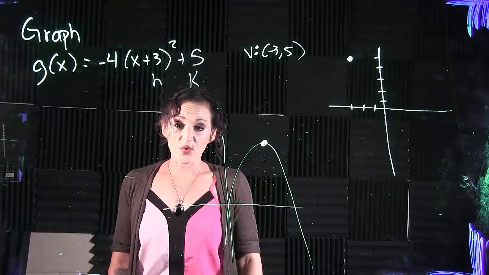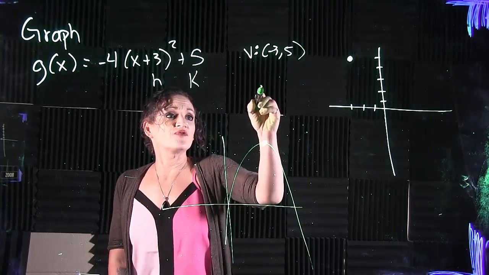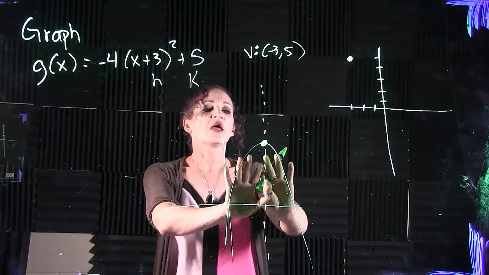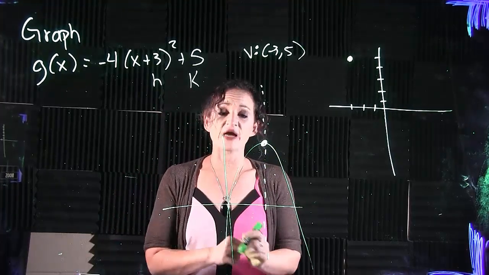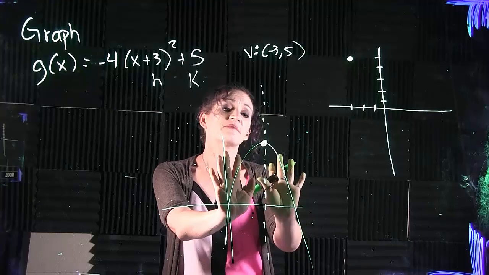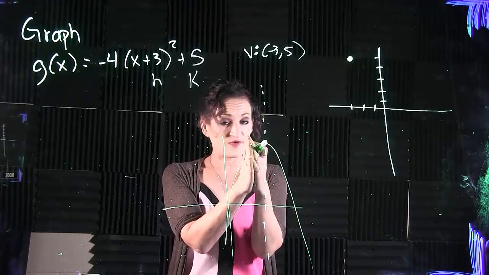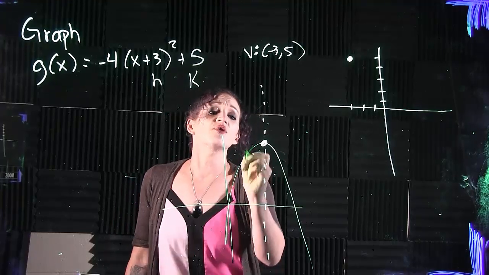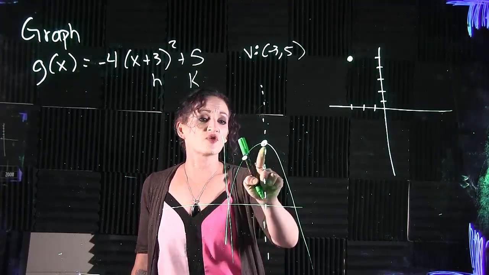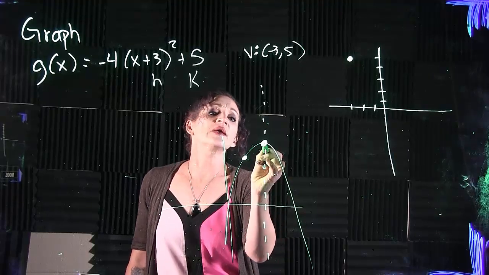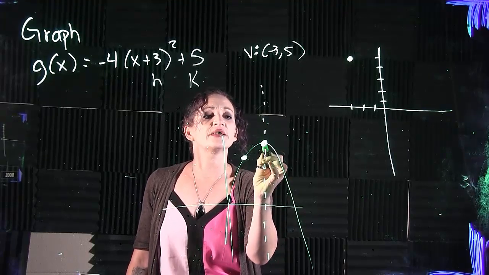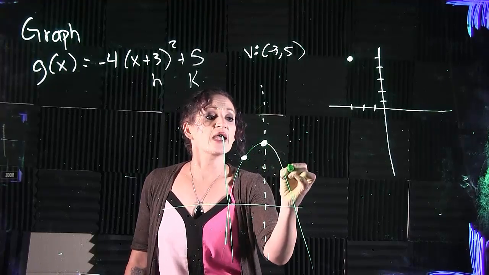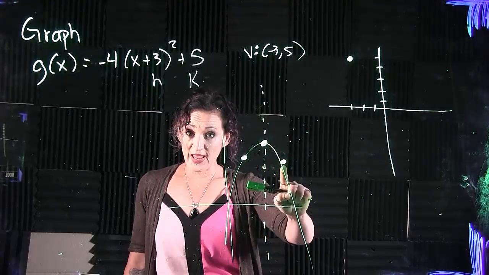Also, quadratic equations are symmetrical. If you pretend that there's an imaginary line right down the vertex, and we were to fold this graph on that imaginary line, everything on the left matches up with everything on the right. It should all line up perfectly. What that lets us know is that if a given point is over here on the left-hand side, say 3 to the left, down 2, well, we can go 3 to the right, down 2, and plot the next point over here.